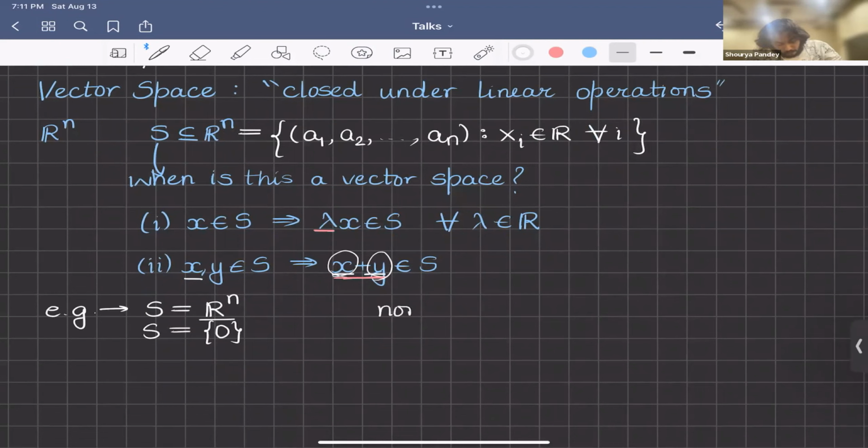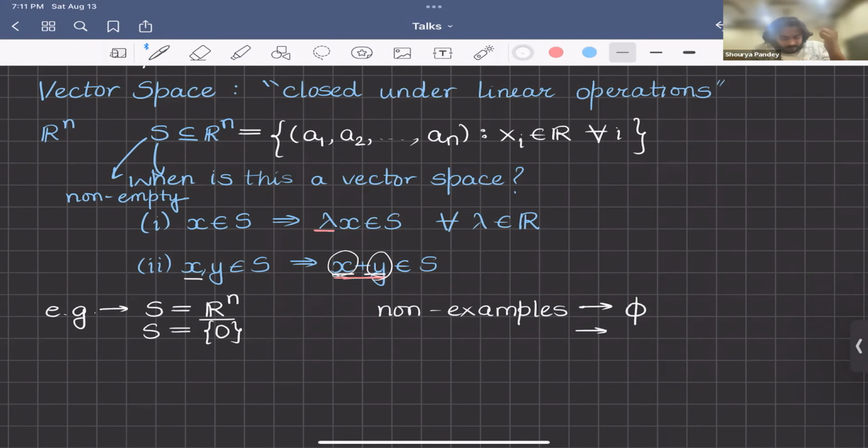Let's also write non-examples. We need it to be non-empty by definition, so the empty set is a non-example.